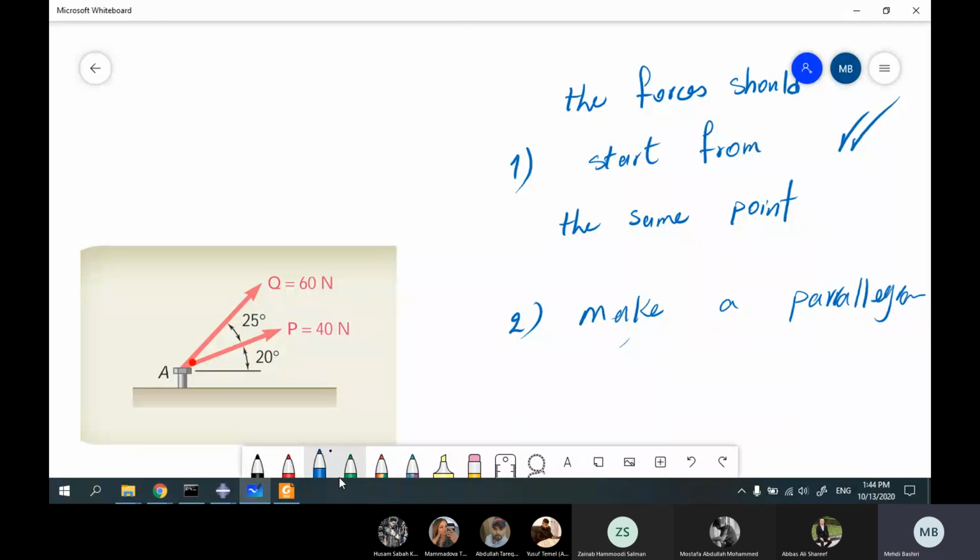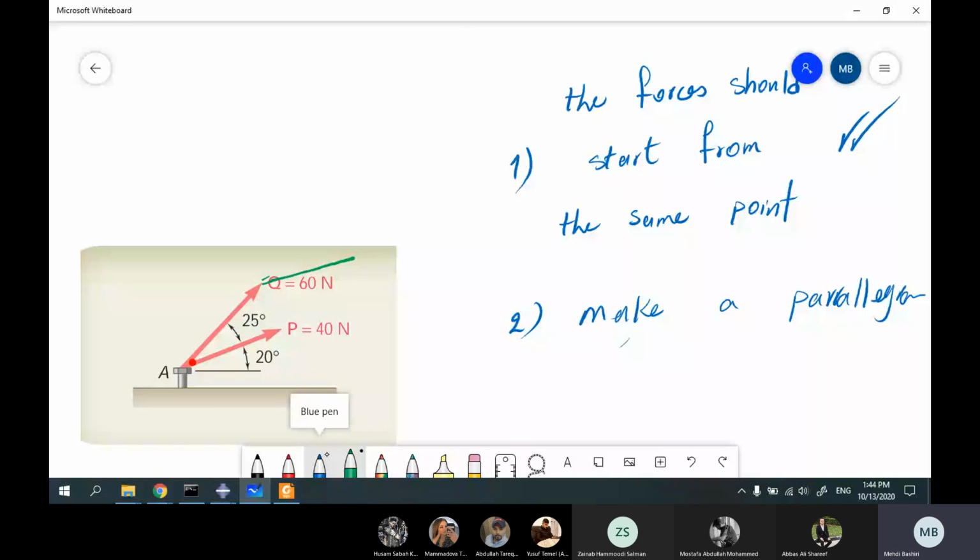How? Look here. I want to find the resultant. As I said, we need two forces starting from the same point. So the second part is forming a parallelogram like this.